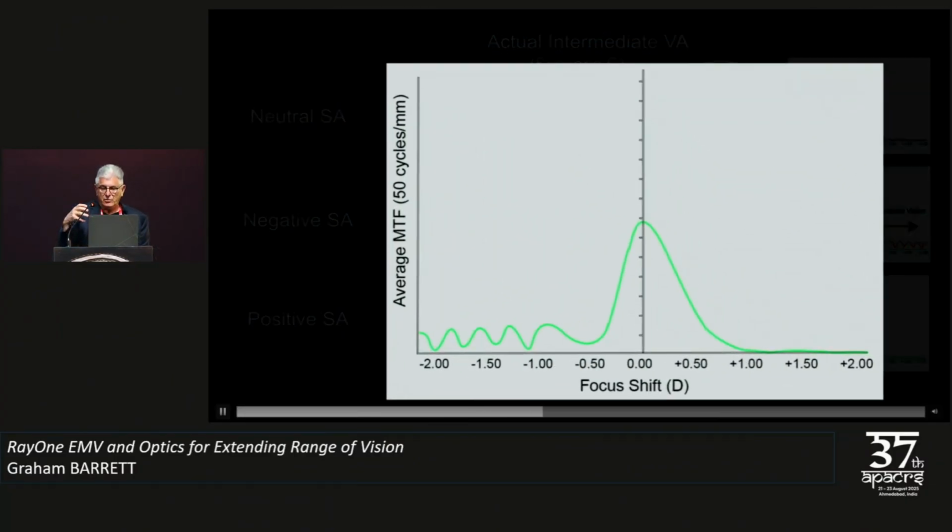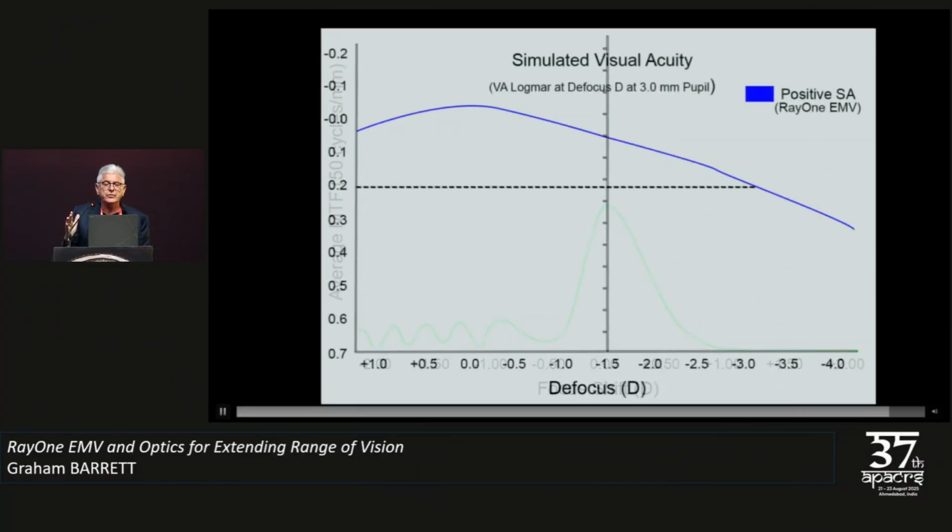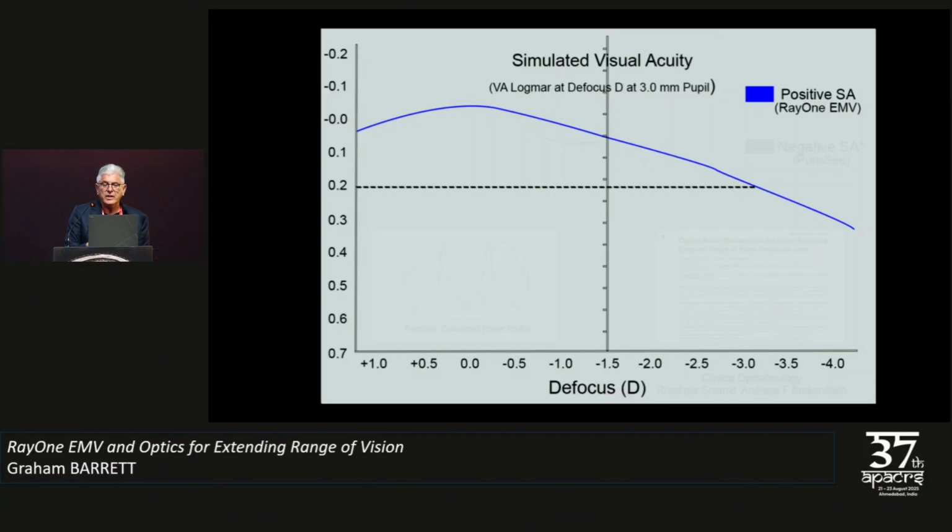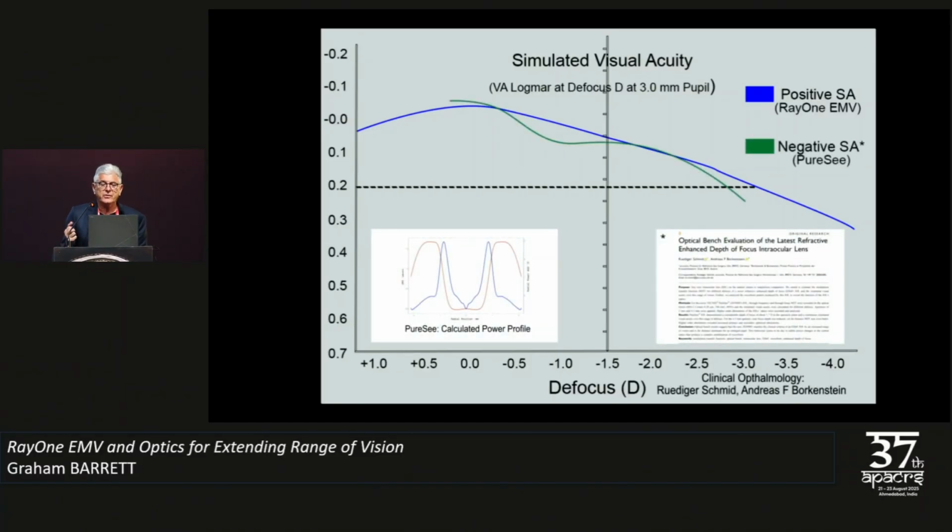So this is looking at the area under the curve, and you see for the simulated visual acuity for a RayOne EMV at 0.2 logMAR, that's 6.9, there's really a good extended depth of focus, right up to minus 2.5 diopters. You can compare that to another so-called extended depth of focus lens, like the Pure C, which doesn't have a continuous curve.